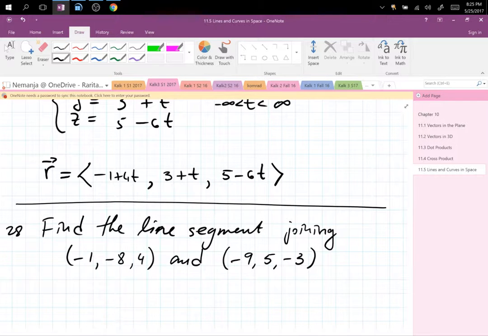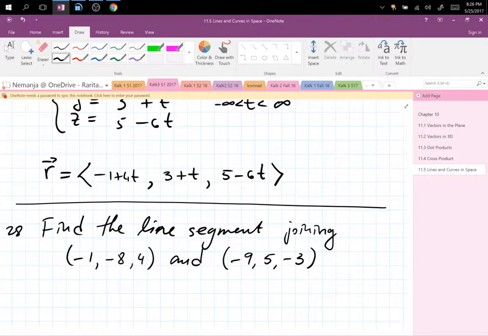So a line segment is just a finite piece of a line, right? So what should be different than the previous problem? Do we do the same thing? We do the same thing, right?